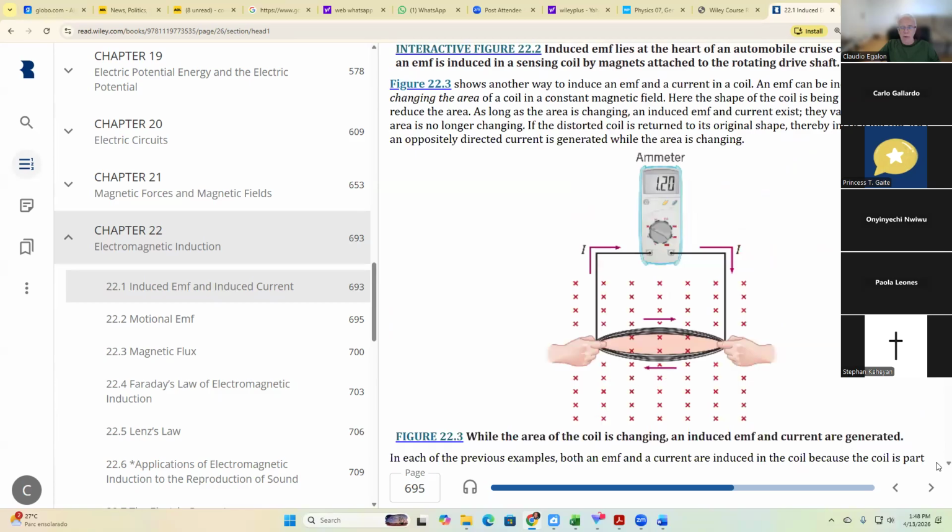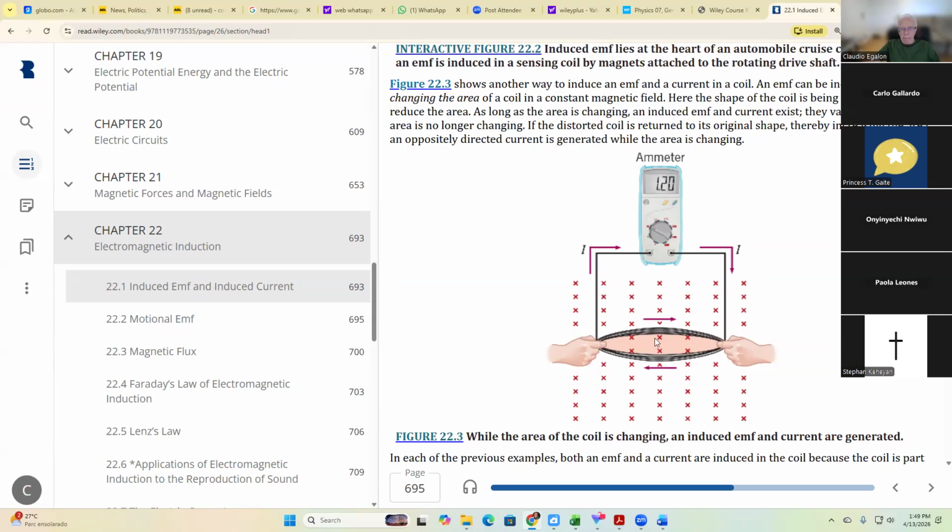Here's another example. Okay, we have a magnetic field. This magnetic field is constant. But then we have this closed loop here, and what we do initially is a rectangular circuit, which is connected to my ammeter.